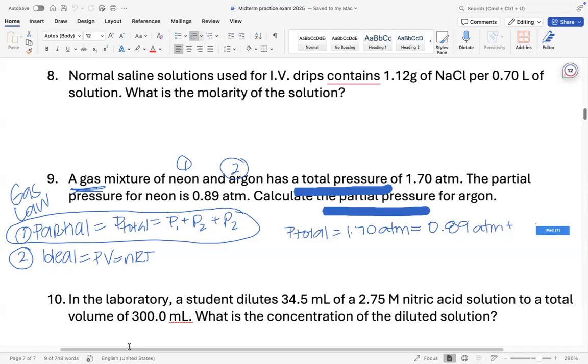And then we're trying to figure out what the pressure of argon is. So we would just subtract this from both sides. And argon's partial pressure would be 0.81 atmospheres. All right.